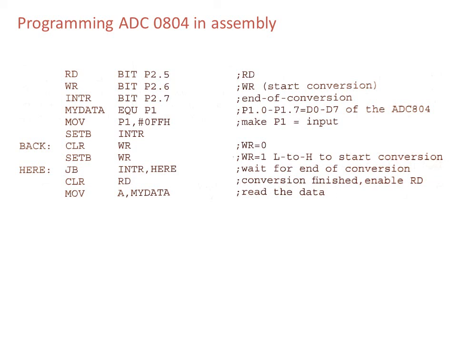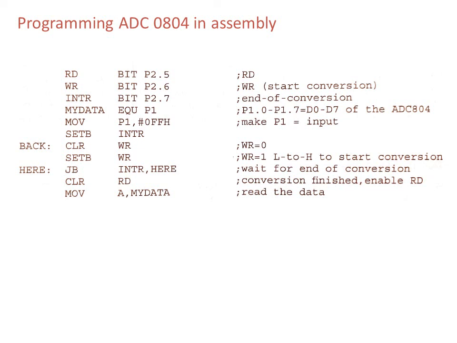The next instruction is JB INTR, here. So whether the interrupt pin is set or not, jump to here itself. Here is labeled to that particular instruction itself. That means if this particular bit is set, loop there itself. So wait for the end of conversion.